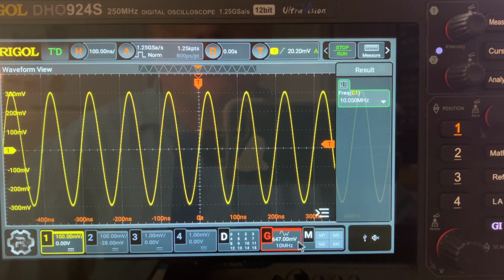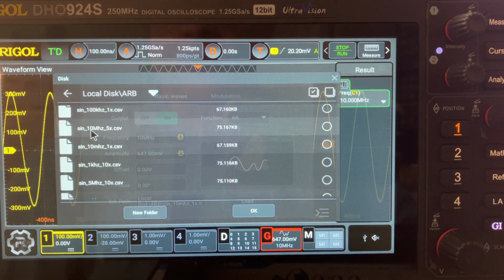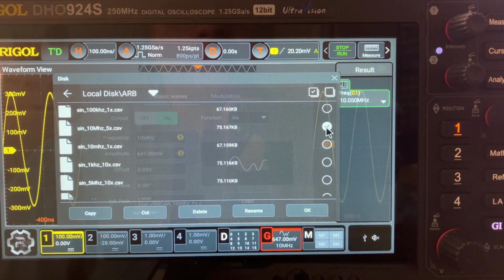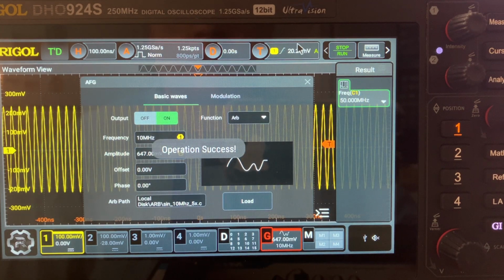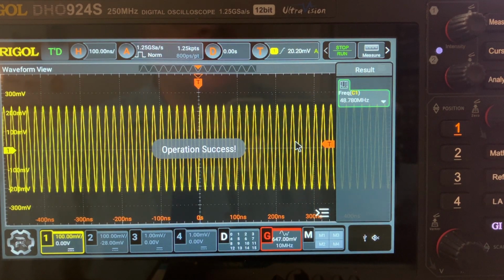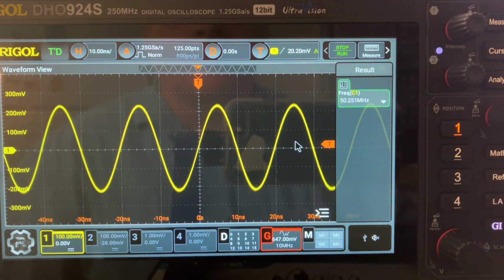You got 1 for 1, but you could pick a more aggressive one. This is 10 megahertz times 5, which is the best shape that I've found without too much distortion, and we will look at it through the FFT analysis.